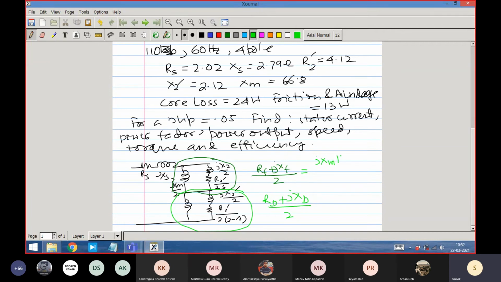So this is nothing but jXM in parallel with (R2 dash by S plus jX2 dash), whole divided by 2, okay, and this will be jXM in parallel with (R2 dash by (2 minus S) plus jX2 dash), whole divided by 2, right?